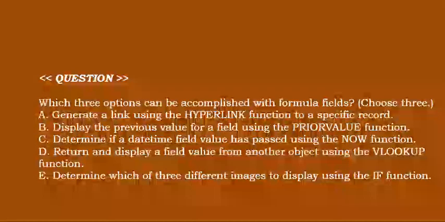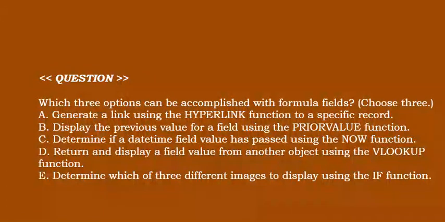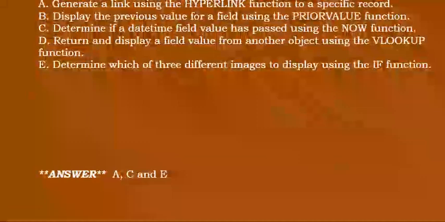Option C. Determine if a datetime field value has passed using the NOW function. Option D. Return and display a field value from another object using the VLOOKUP function. Option E. Determine which of the three different images to display using the IF function. Correct answer is option A, C and option E.